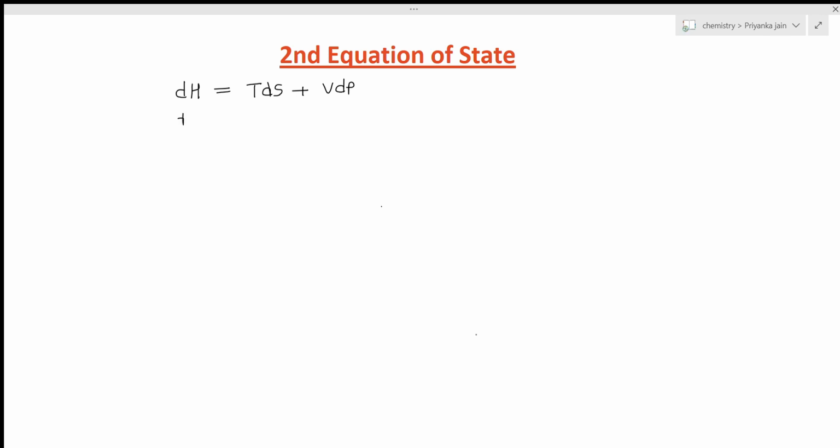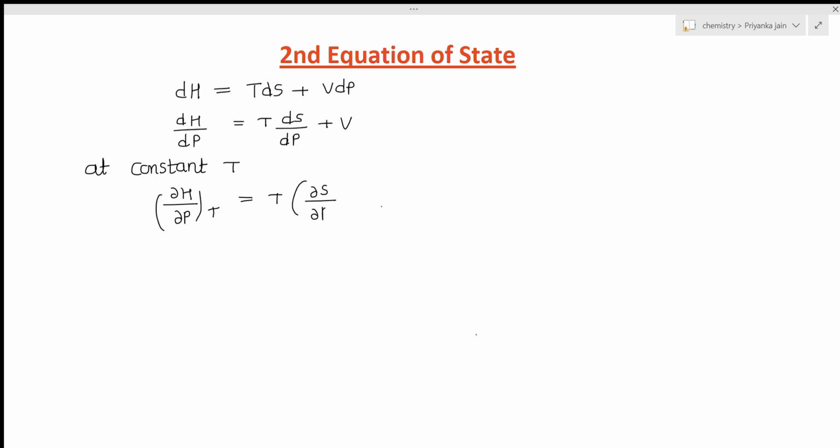If we are taking dH/dP at constant temperature, this will be equal to T dS/dP plus V. So ∂H/∂P at constant temperature will be equal to T ∂S/∂P at constant temperature plus volume.